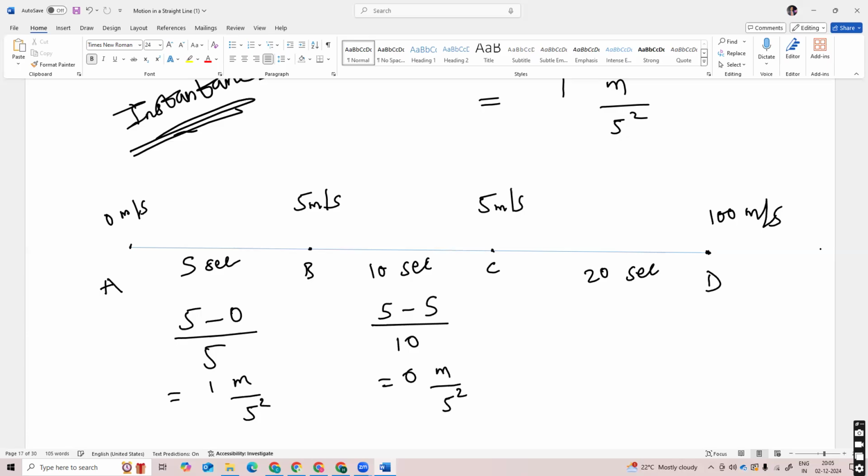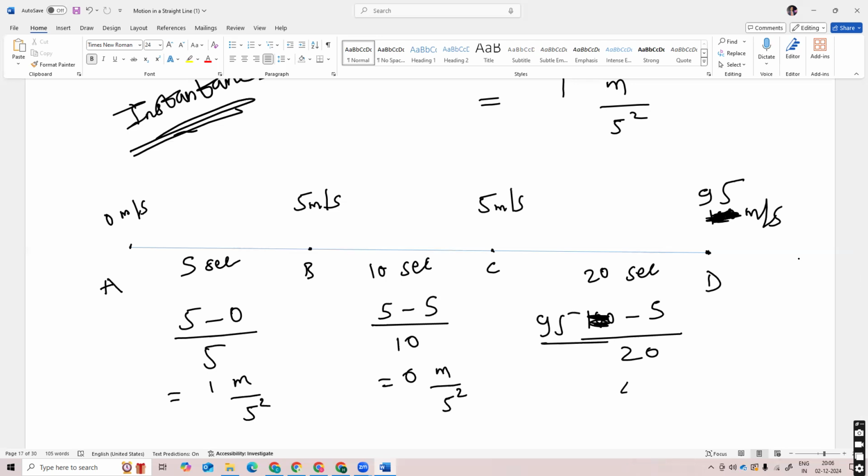And from C to D, its average acceleration was 100 minus 5, because final velocity is 100 and initial was 5 meter per second, divided by time 20. Or let's say for simplification, I will just write this as 95 meter per second. It will simplify our calculation.